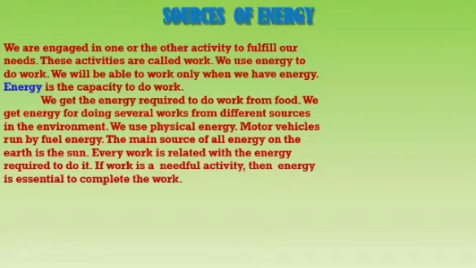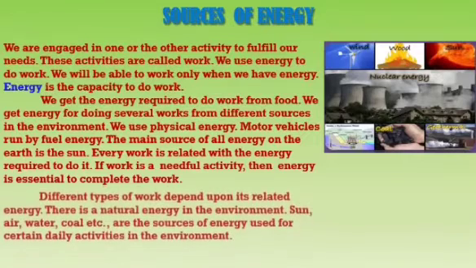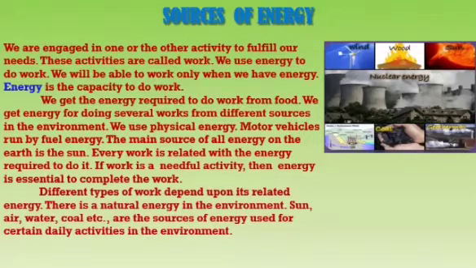We get the energy for doing several works from different sources in the environment. So we do different types of work, and for these works we get energy from different sources in the environment. For example, we use physical energy. So if we want to walk, we want to cycle and go somewhere, for all this we need physical energy.